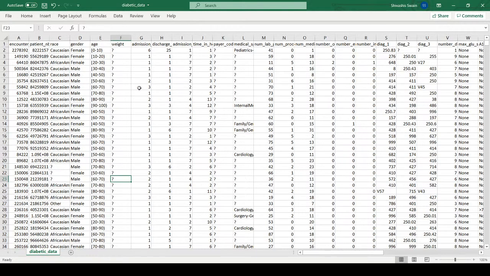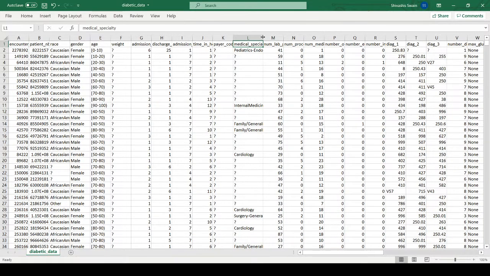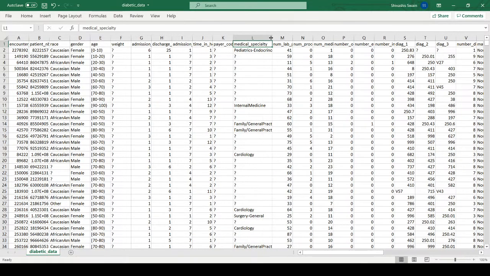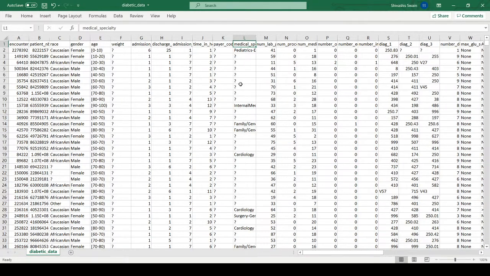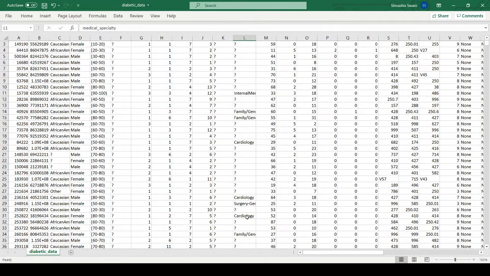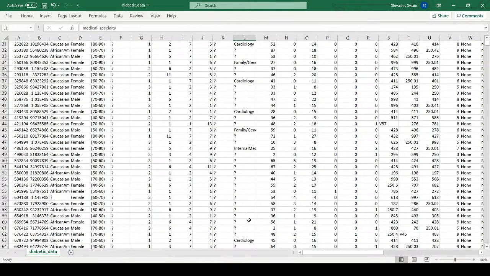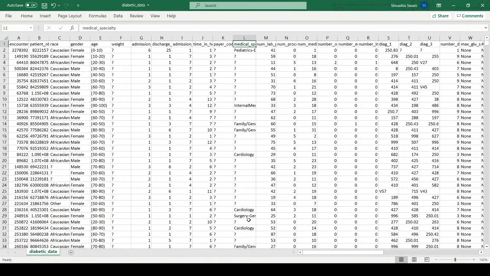But not only this one: in medical specialty, there are also a lot of null values, but it also has a few categorical values like cardiology, surgery, family, and a lot of others. We'll see how we approach this.